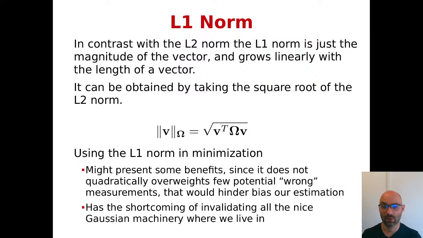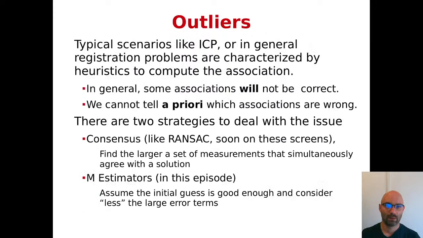If you change the norm, you are away from the Gaussian machinery of it. As I said, in general, some associations are not correct, and we need to find out a way how to deal with them.